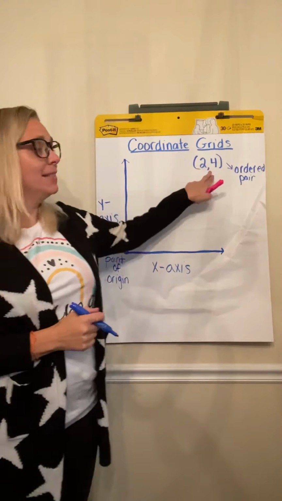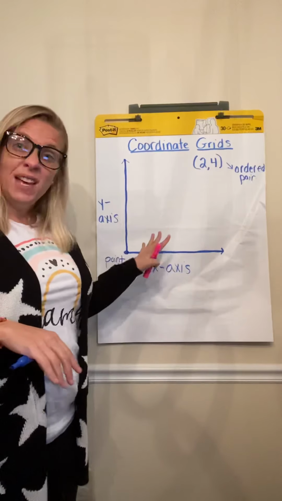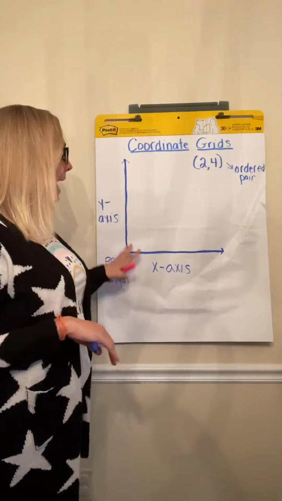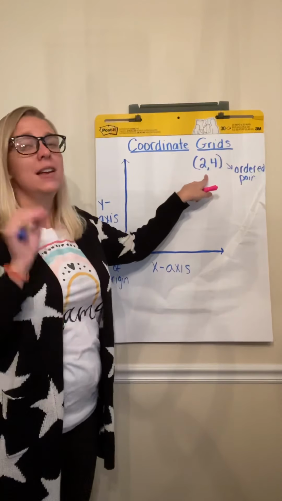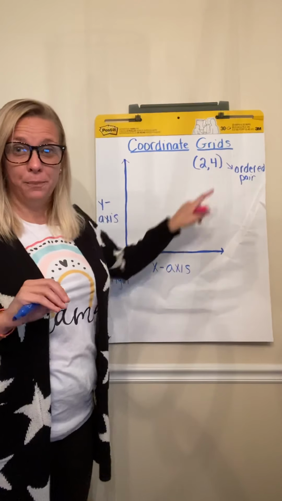You're never going to see an ordered pair with just one digit or with 3 or 4 digits. It's always going to be in twos. So that's why it's called an ordered pair. And this ordered pair is kind of like the direction for where you want to move around on the coordinate grid. So if you think of the coordinate grid like a map, this is the GPS that's giving you the direction and telling you where to go, okay?